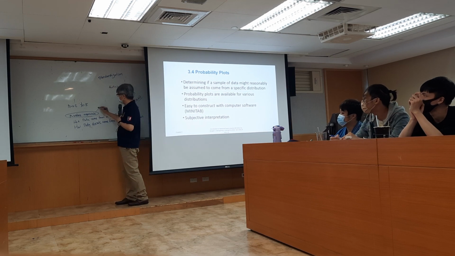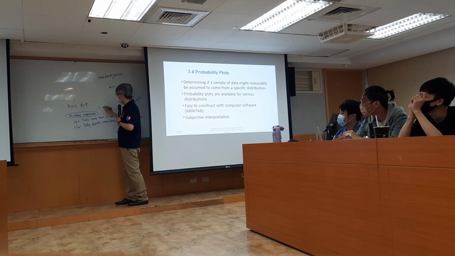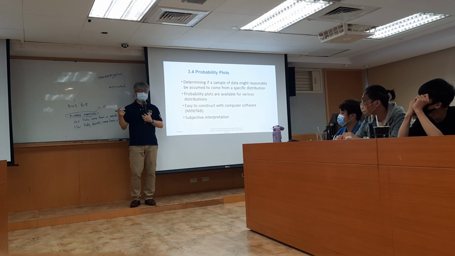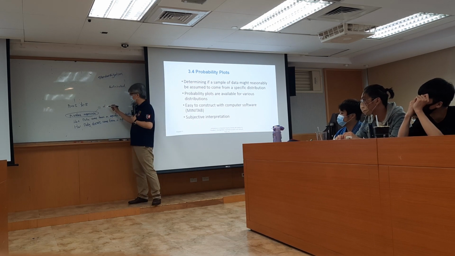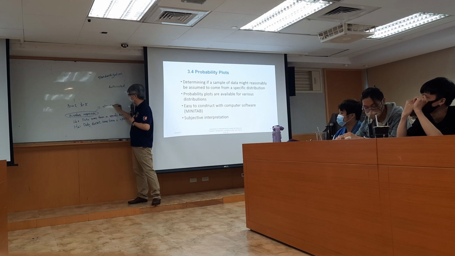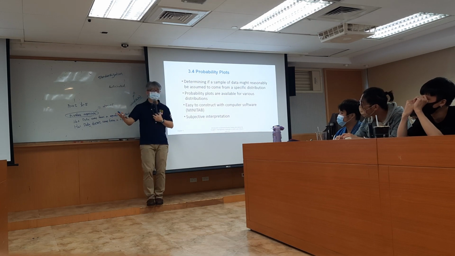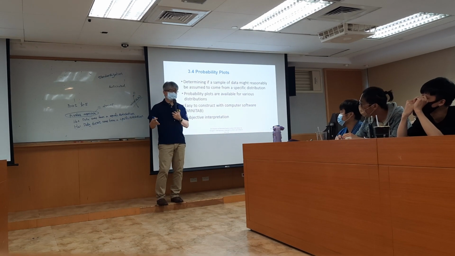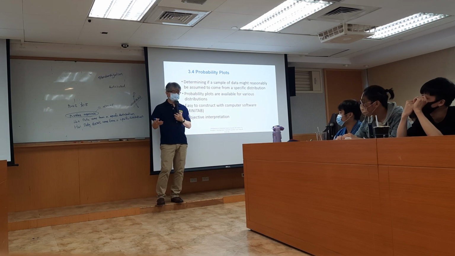So p-value: if alpha is considered the level of significance, and we set alpha at 0.05, there's a 5% probability we commit the type 1 error.